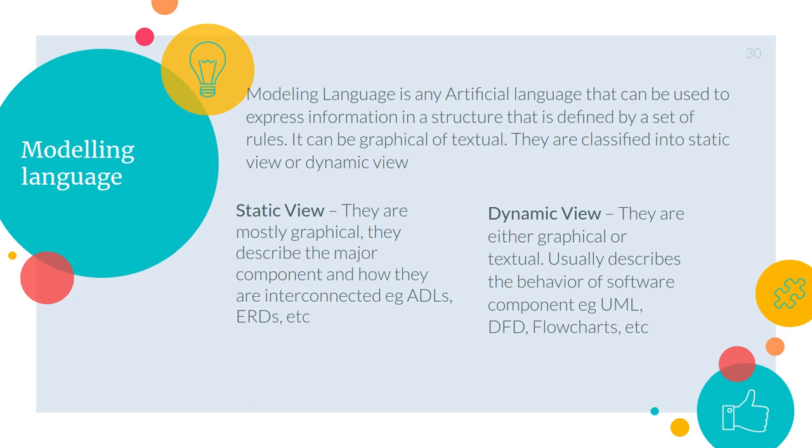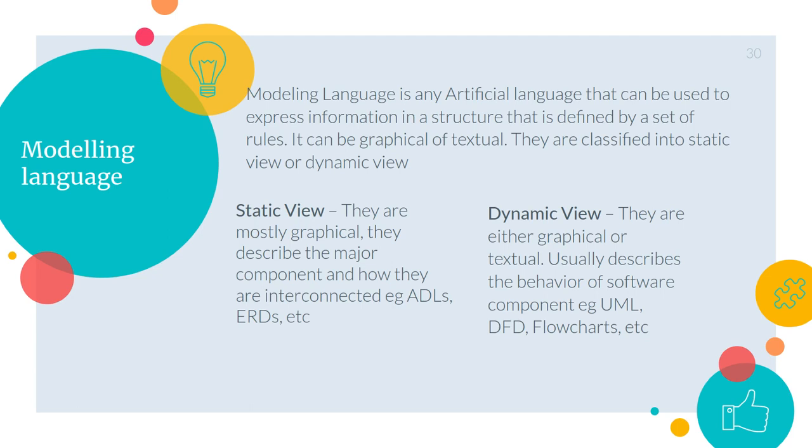It can be graphical or textual, and then they are classified into static view or dynamic view. Artificial language doesn't mean artificial intelligence. They are just ways that you define the structure of the system you are designing.